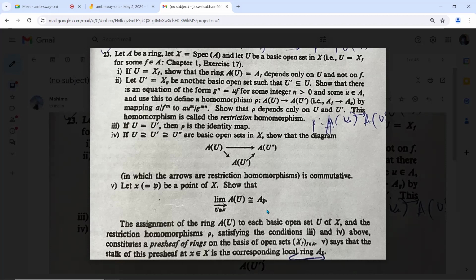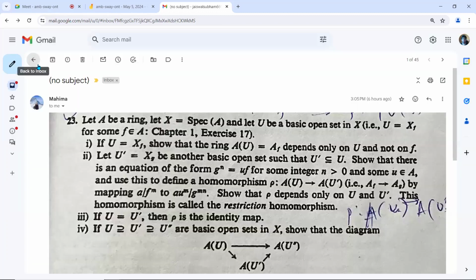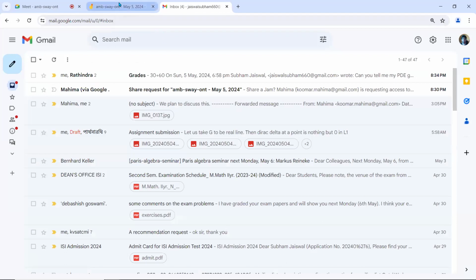You're right, it's correct. So maybe some small axioms. And this particular sheaf is called an affine scheme. And then there is something called a scheme, which is the next thing, which probably is there in the next exercise. So anyways, let's stop here.